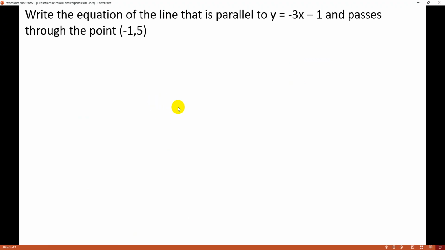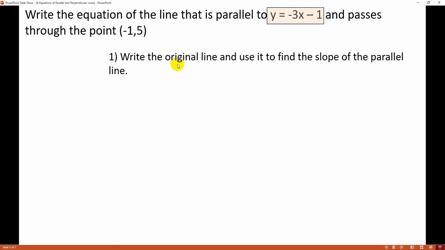Now let's solve this problem here. Write the equation of the line that is parallel to this line here, y equals negative 3x minus 1, and passes through the point negative 1, 5. So the first step is we're going to copy paste this original equation. So we write y equals negative 3x minus 1.